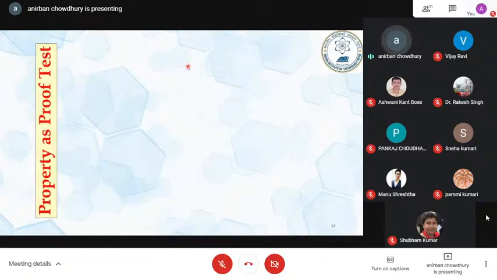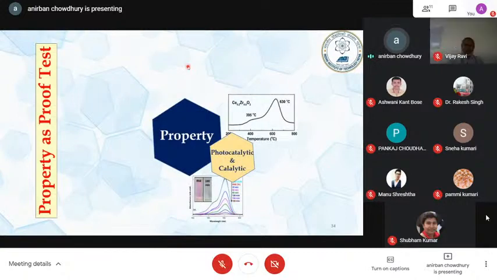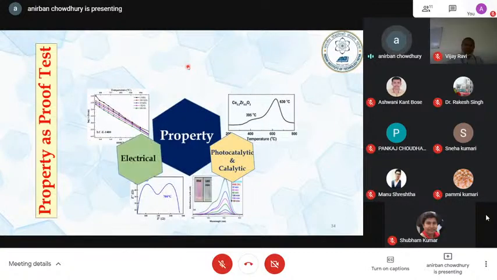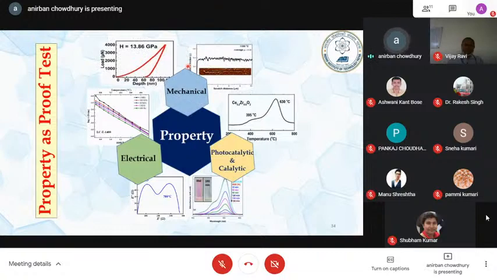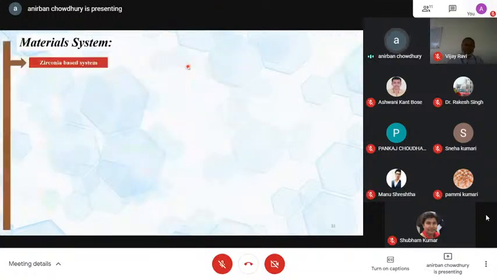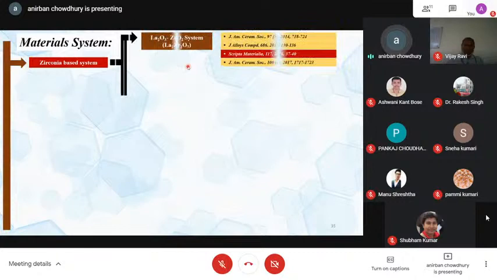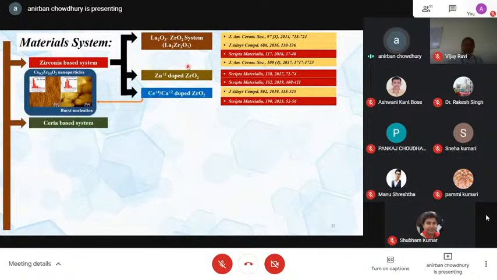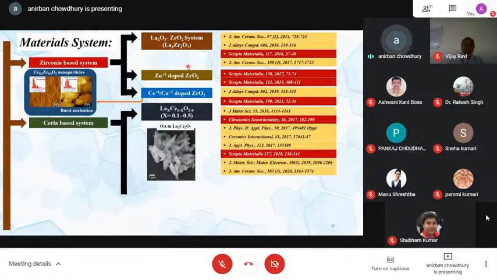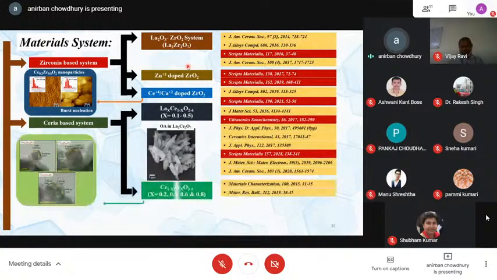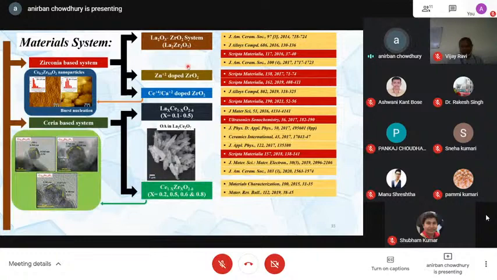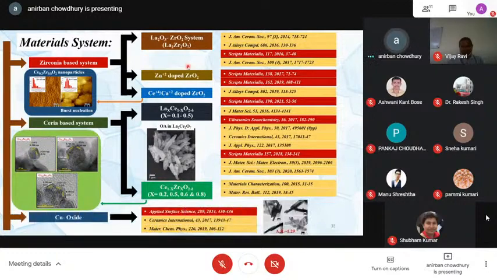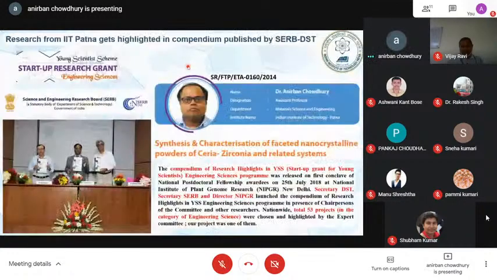These are the properties that we mostly study: catalytic, photocatalytic, conductivity, electrical, and some mechanical properties. The materials we have talked about are zirconia-based systems with a variety of dopings. I've shown some of them in ceria. It is another material that we have been working on very closely for the last 6-7 years, and we also have some work on copper oxide.